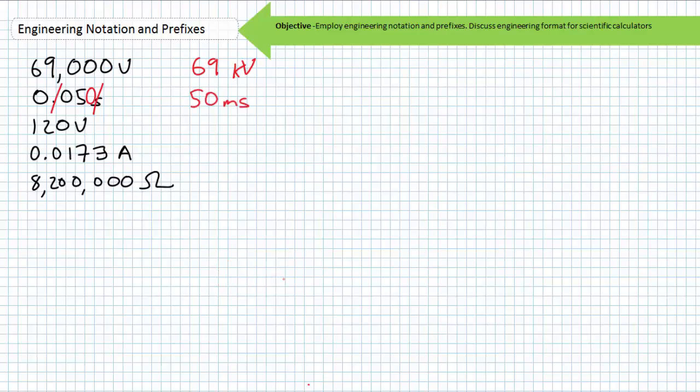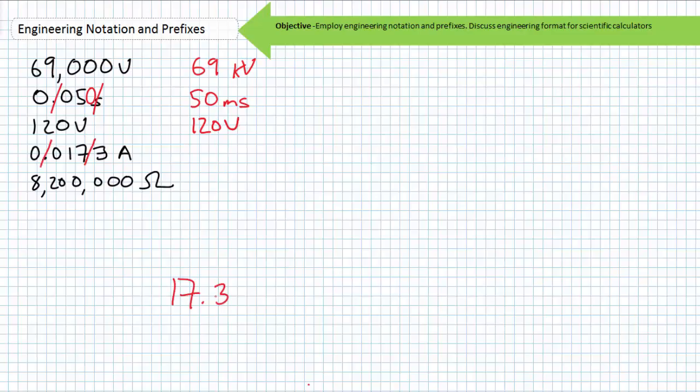The third example needs no engineering prefix, since 120 volts is an easily conceptualized number, already being less than 1,000 and greater than 1. The engineering notation equivalent of 120 volts using engineering prefixes is 120 volts. Don't mess with perfection.